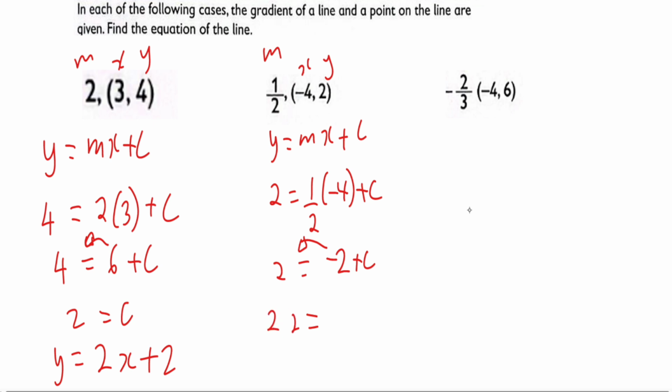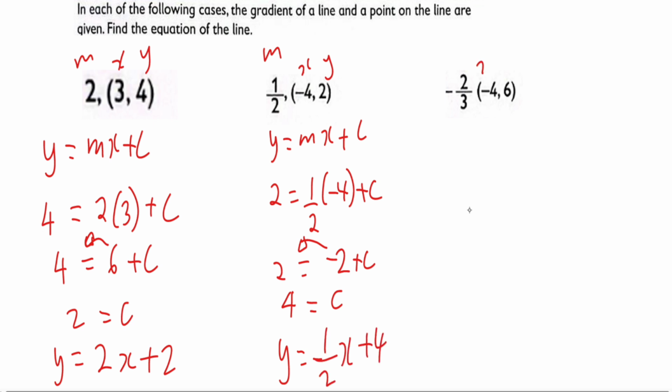Right. So our c is therefore 4. So y equal to mx, which is -2x. No, our m is supposed to be half. So our m a half x plus 4.